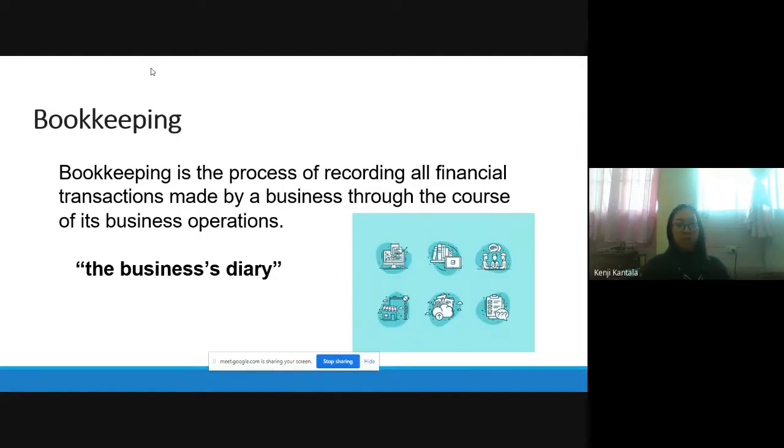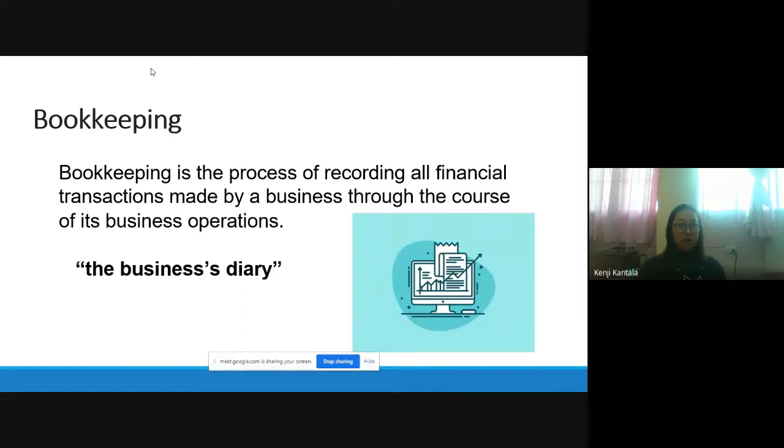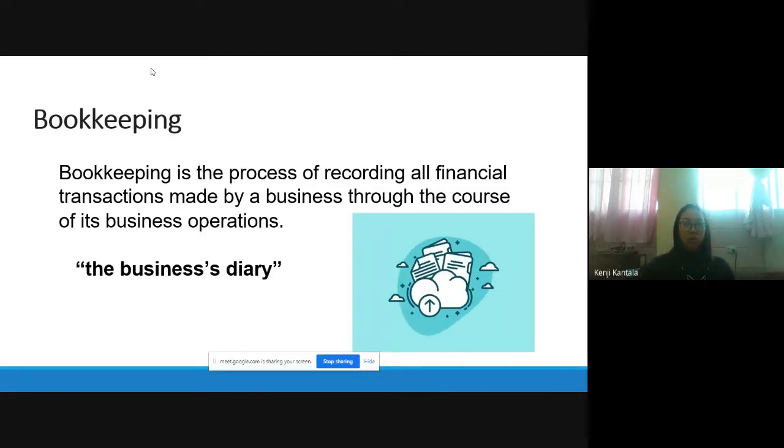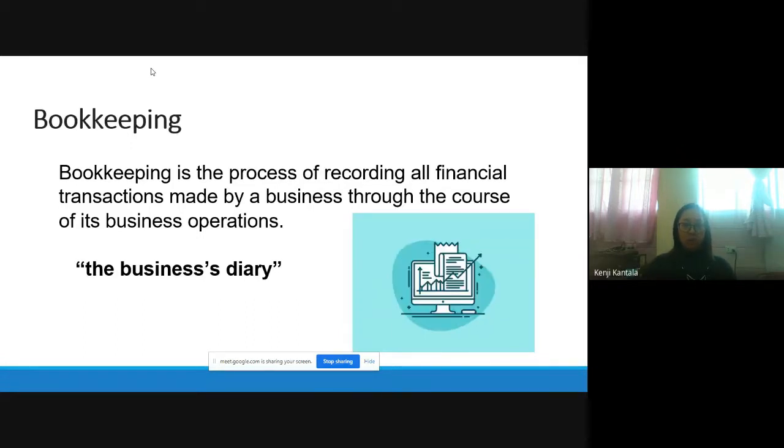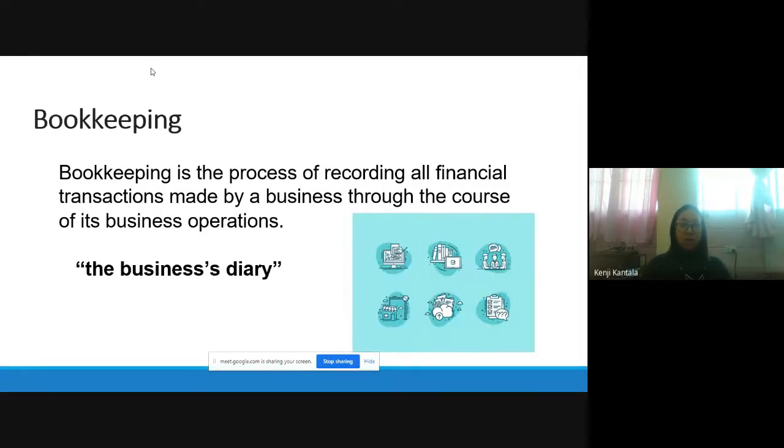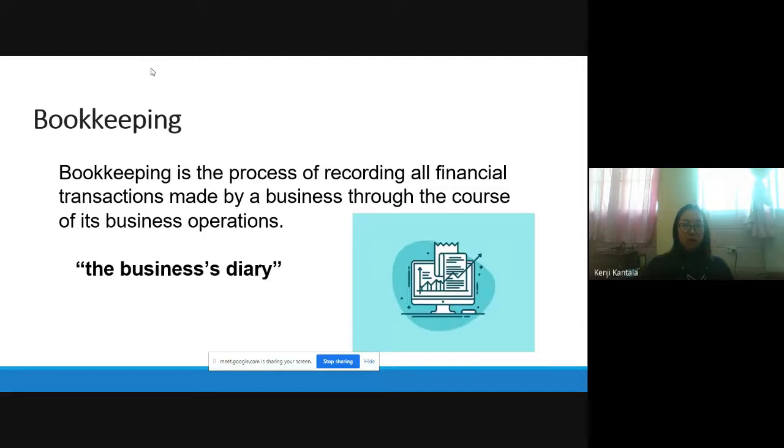It is because your daily transactions, everything that happens in your daily operations, you need to record in your books. It is the same with the concept of your personal diaries. Everything that happens in your daily life, you are actually recording in your personal diary. That is the same purpose of bookkeeping.